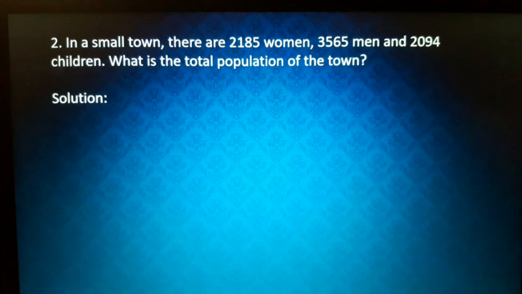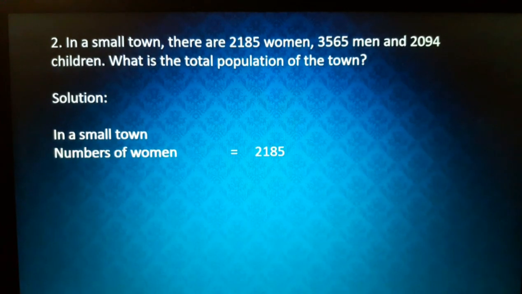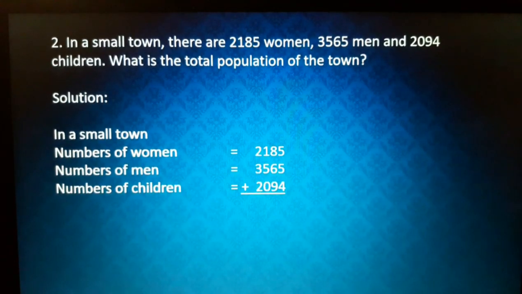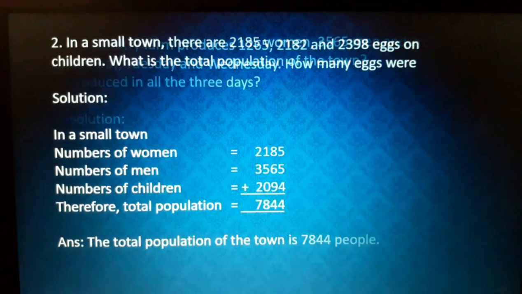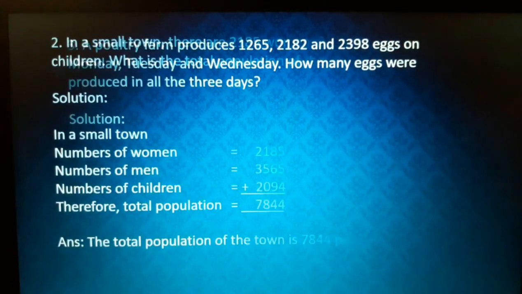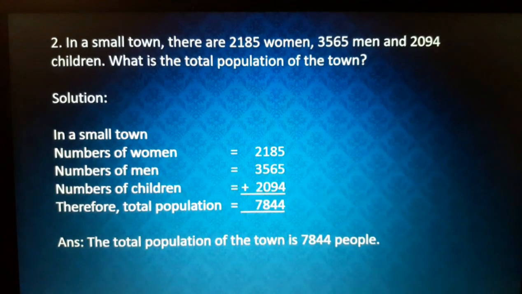Now how am I going to write the statement? As I told you, you have to understand the question. We are talking about a small town. In a small town, the number of women 2185, number of men 3565, number of children 2094.